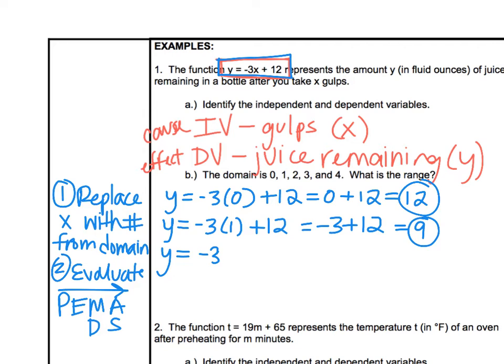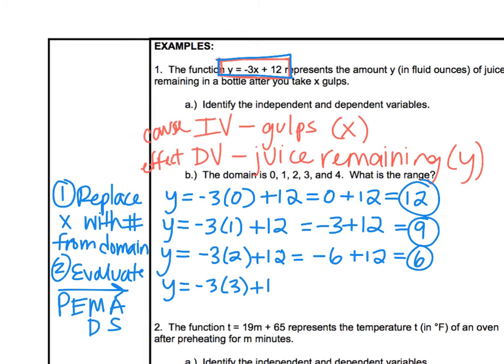Plug in 2. Multiply. Then add. Plug in 3. Multiply, then add, and do the same for 4.